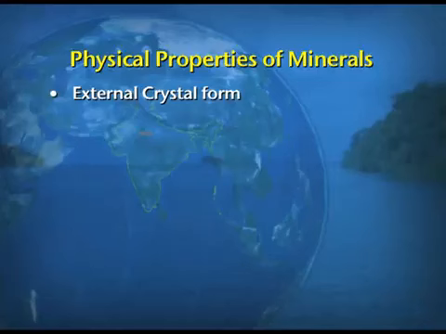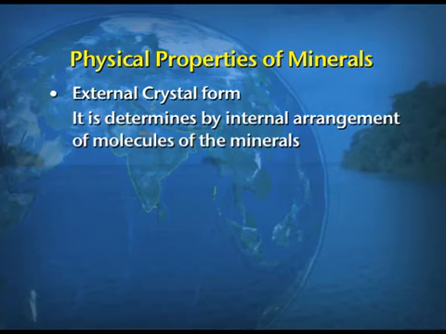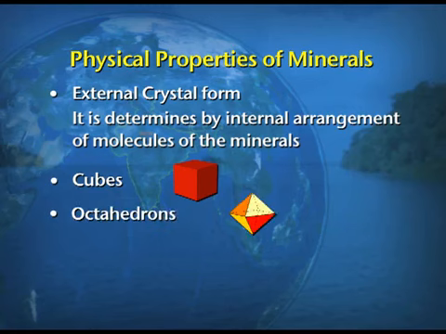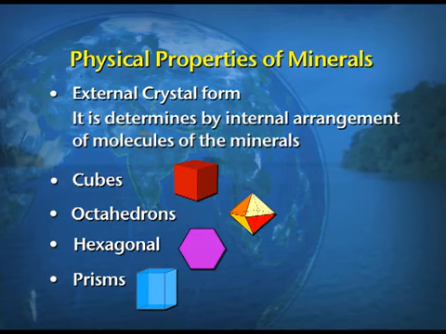So, that external appearance of the mineral is based on the internal arrangement of the molecules of the minerals. As you must have studied in your mathematics also, there are different shapes like cubes, octahedrons, hexagonal and prism, and we have certain minerals which are found in these shapes.